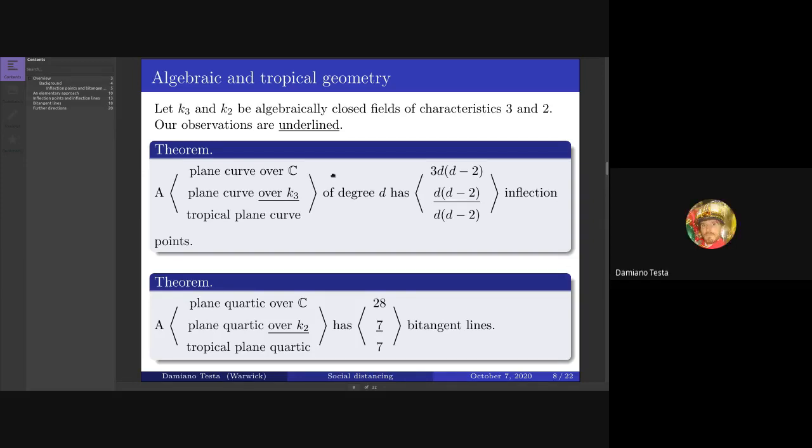Yes, in fact, the configuration of these 7 points is very special. It might be a little disappointing in that the configuration is always the same. So at least over an algebraically closed field, it's always up to conjugation the configuration of the Fano plane.